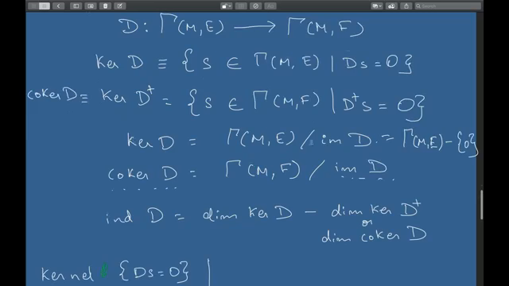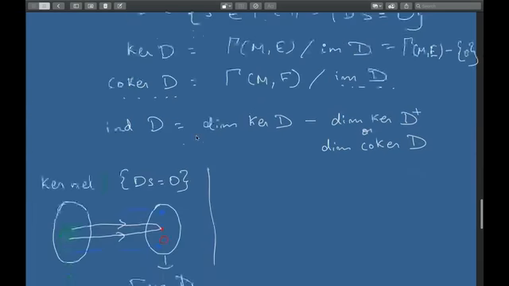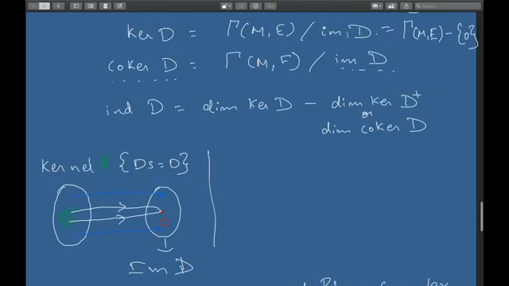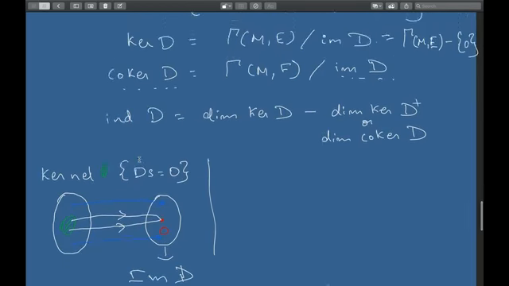Here the kernel of D is given by gamma modulo the image of D. The image of D is like, if you have a space A or X, you map all the elements of X to another space B or Y. Then all the elements in Y modulo the zero element give you the image of D, right? So the kernel of this diagram is pretty intuitive.